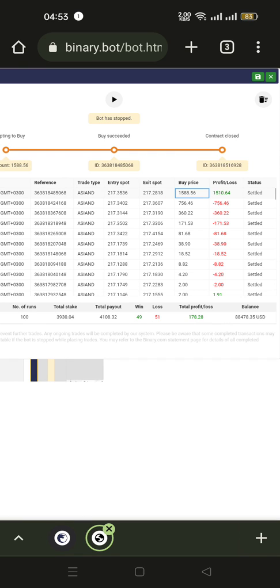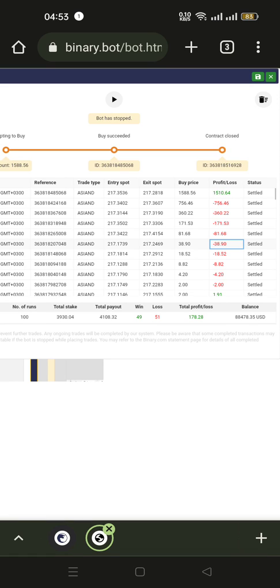It means what we had lost is almost the same as that, or slightly higher, because we have a martingale of 2.1. If you add all these, you need around $3,200 in your account. Rarely do we have people trading with that kind of money.